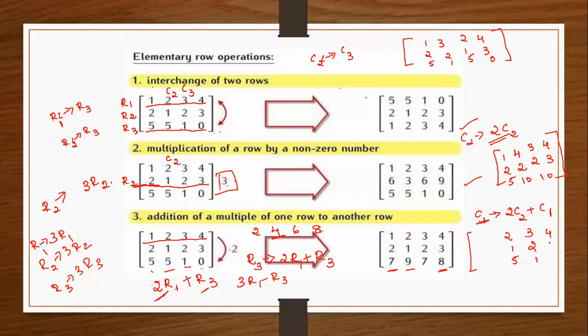So what will be the elements here? 2 into C2. So this is your C2. If you multiply 2, what happens? What will you get? 4, 2 and 10. Isn't it? Then you need to add it to C1. So 4 plus 1, 5. 2 plus 2, 4. 10 plus 5, how much? 15. Got it?